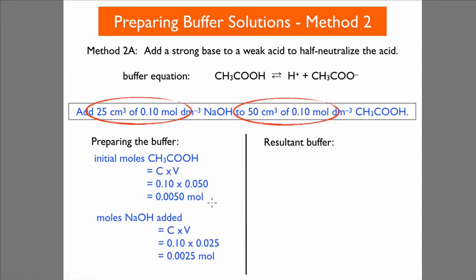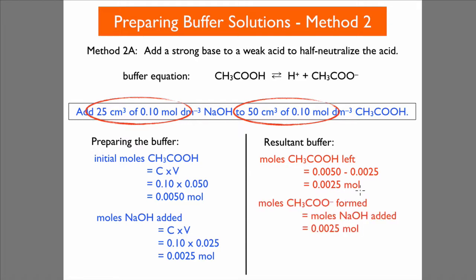The moles of sodium hydroxide added: 0.1 times 25 centimeters cubed, so 0.025 decimeters cubed, gives us 0.0025 moles. Therefore, the moles of ethanoic acid left, if we had 0.005 moles to start with and it's reacting with 0.0025, would be 0.005 minus 0.0025 to give us 0.0025 moles remaining.